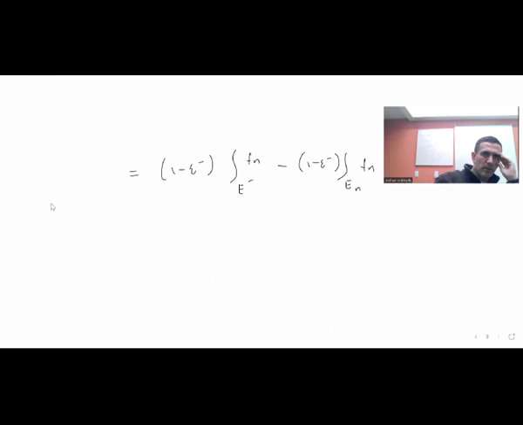Right, but this here, of course, is less than 1. So this is going to be bigger or equal to, because this is less than 1. So the whole thing without the minus is less than the integral of E_n f_n. Minus makes it bigger or equal to.